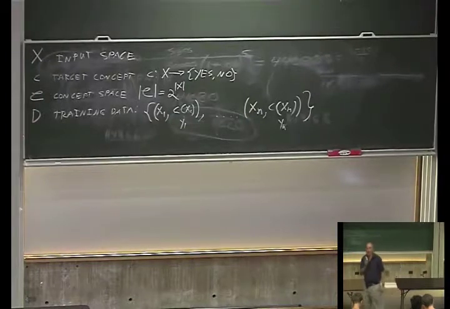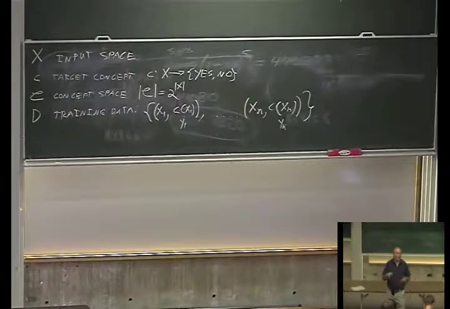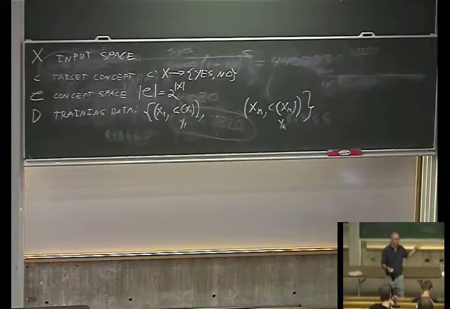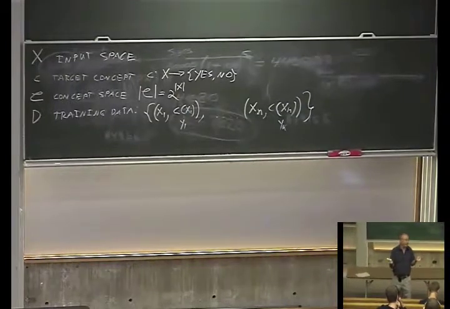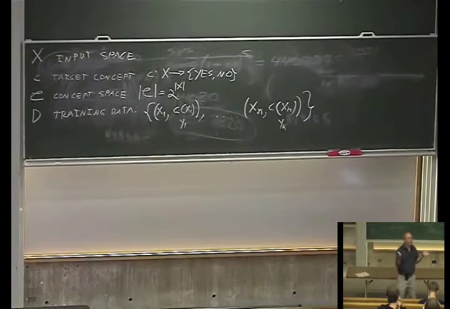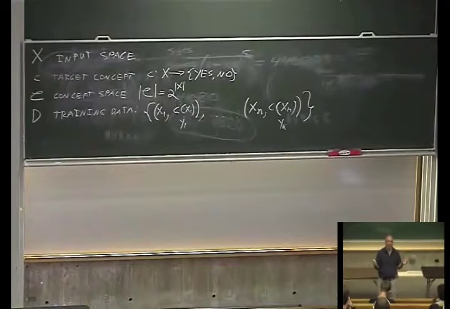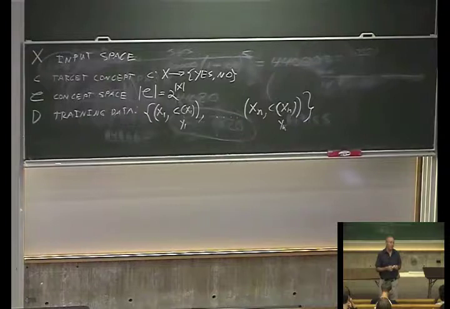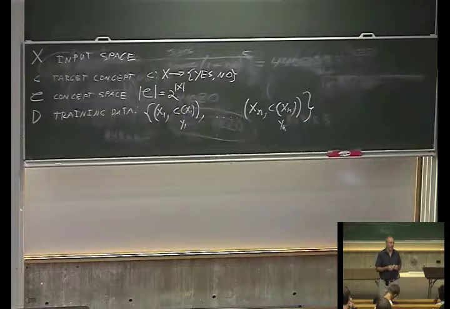This is worth thinking about for a minute, because some ways of specifying C are by rules, maybe polynomial, maybe some if-then rules. There are many, many ways you can specify functions. But one way of specifying a function is by explicitly enumerating its value on all possible inputs. That is a perfectly legitimate representation for a function.